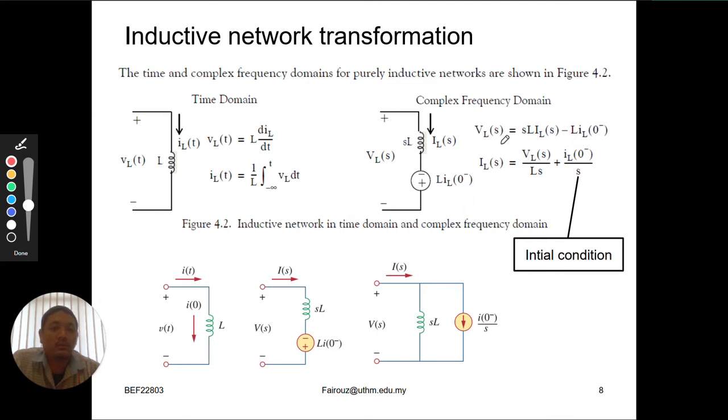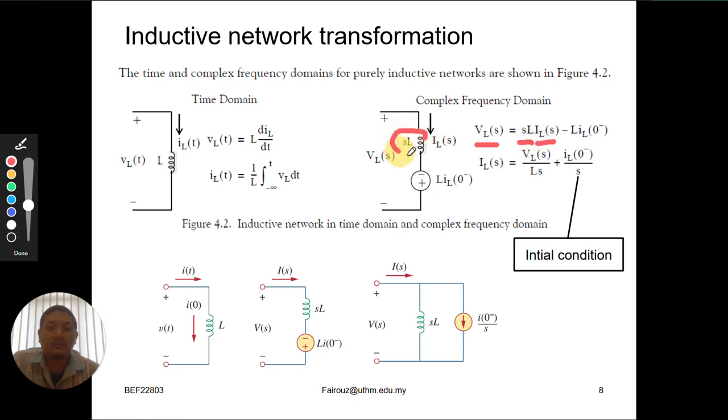So now we can see that the voltage across the inductor is now quite similar to V equals IR, right? So V is the voltage, I is the current, R or Z impedance is the SL.